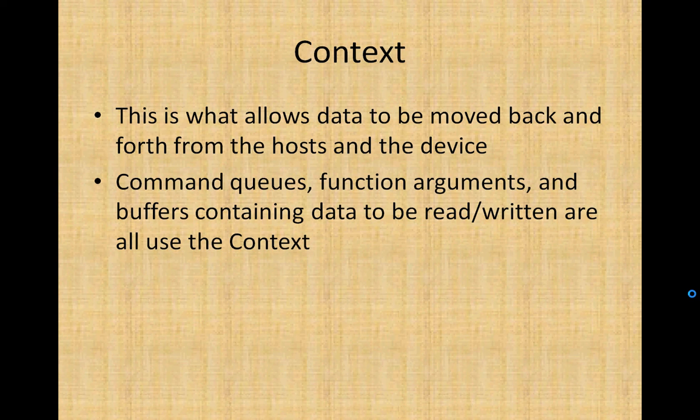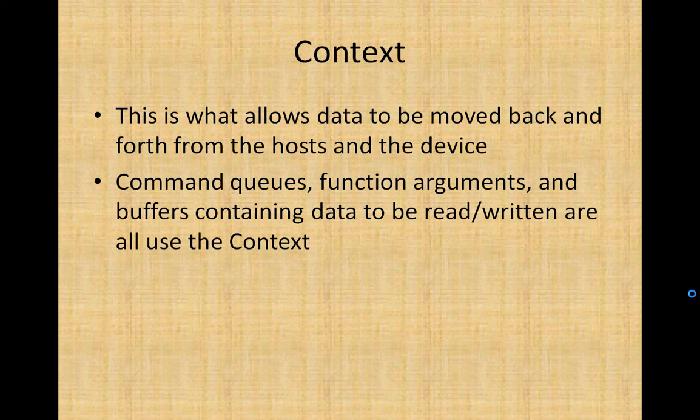Function arguments in OpenCL, you need to set them up in a specific way. There's a specific function in your host application that you'll need to use to set up your function arguments. Buffers can be read by both the host and the device, so they're a way to move data in and out of the device.